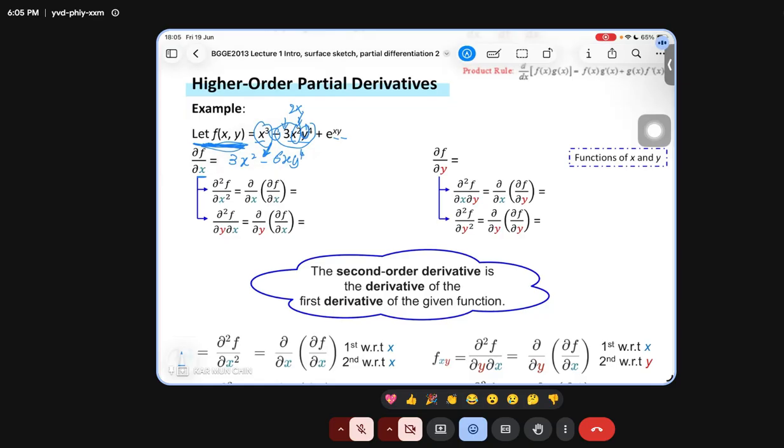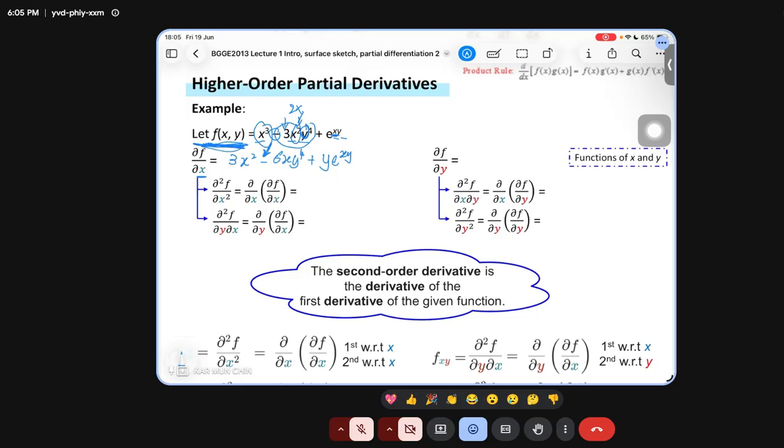This will remain. Then plus e to the power of xy. At the end, because of the x here, you'll get y times e to the power of xy. Make sure you are filling in your slides.